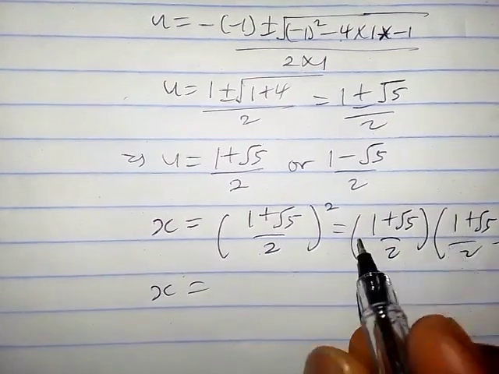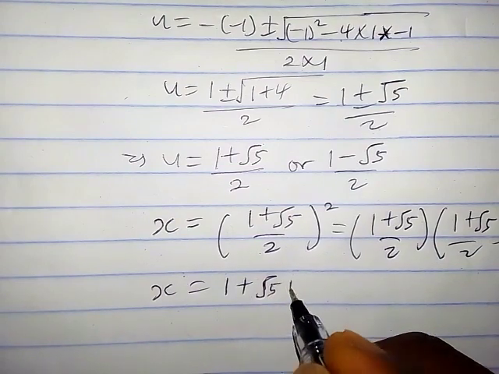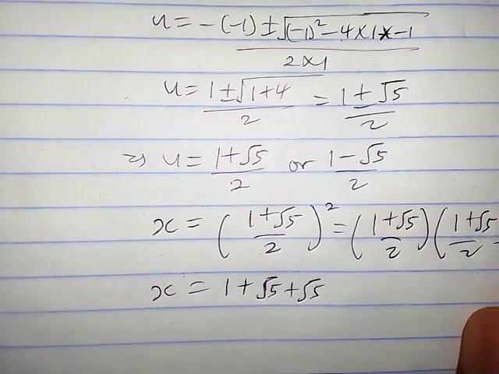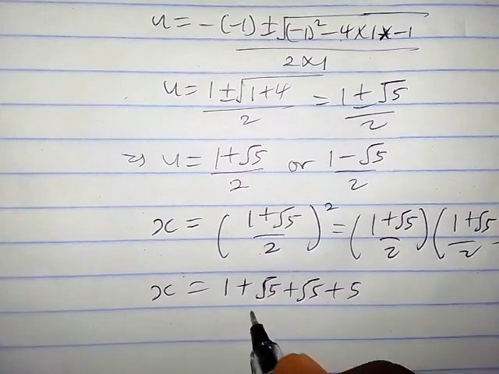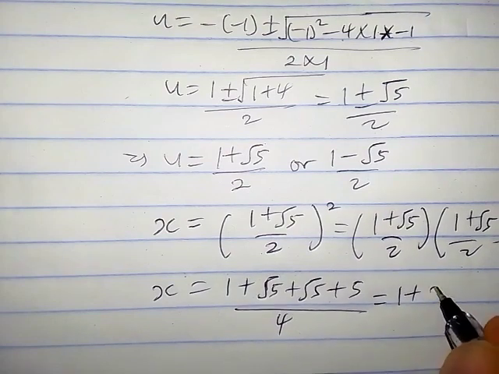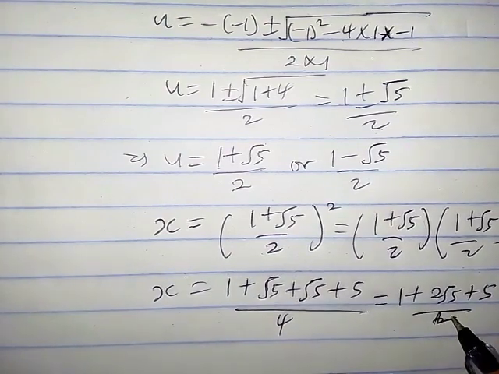So when we open this bracket, we have 1 plus square root of 5 plus square root of 5, plus square root of 5 times square root of 5, that is just 5, over 2 times 2, that's 4. So we're going to have (1 plus 2 root 5 plus 5) over 4.